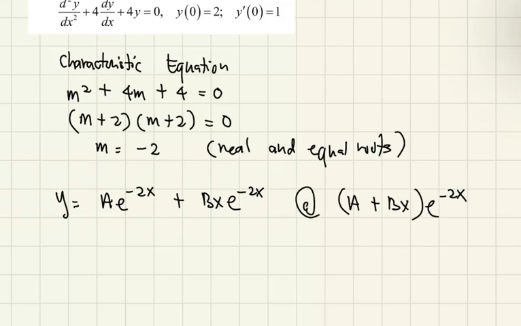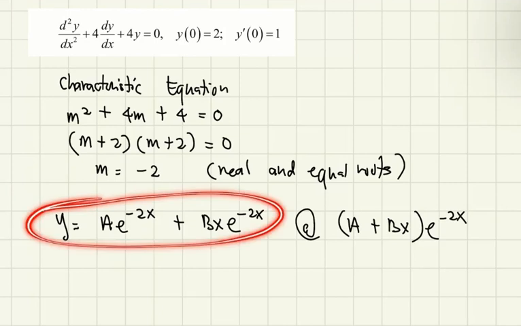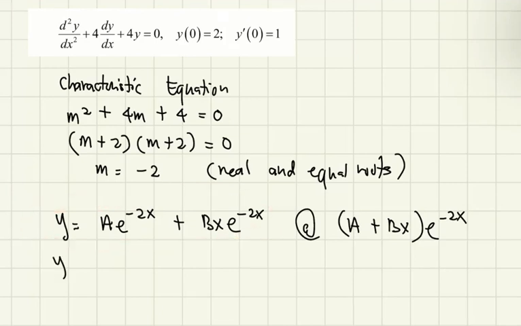Right. Then to substitute the initial value problem, you must differentiate the solution. So differentiate this one. Find y prime. We have a e^(-2x), using the chain rule, multiplied by the derivative of the exponent minus 2x, so you get minus 2. Here we have the product rule: bx times e^(-2x).